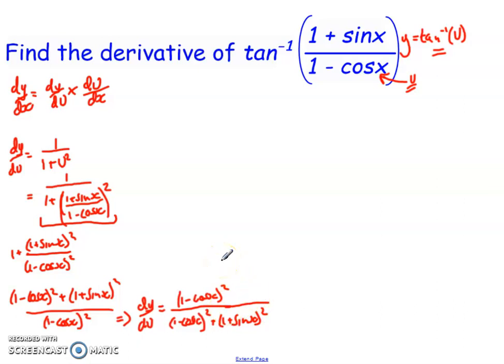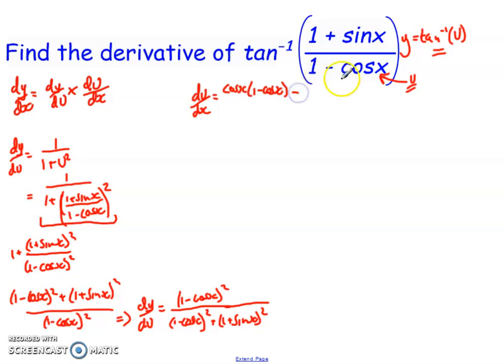The second part that I need to do is find the derivative of u with respect to x. So what I want to do now is do du by dx. Now I know it's 1 plus sin x over 1 minus cos x, so I'll use the quotient rule: derivative of the top times the bottom, take away derivative of the bottom times the top, all over the bottom squared. So derivative of the top is cos x, times (1 minus cos x).